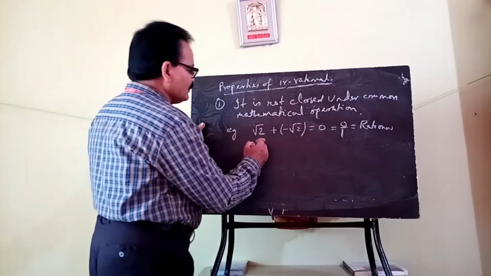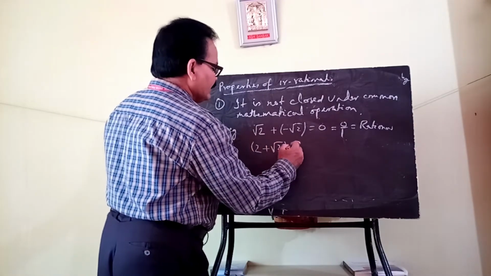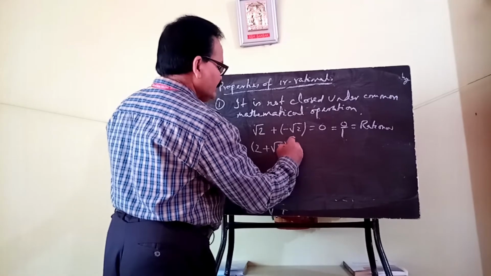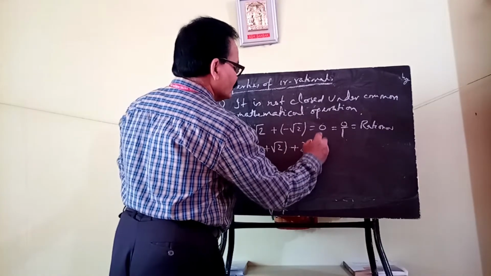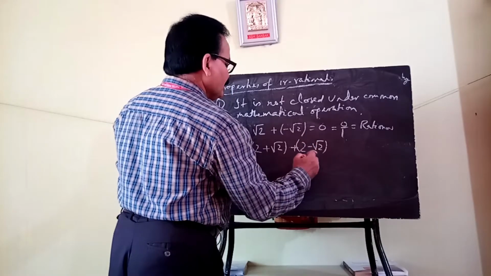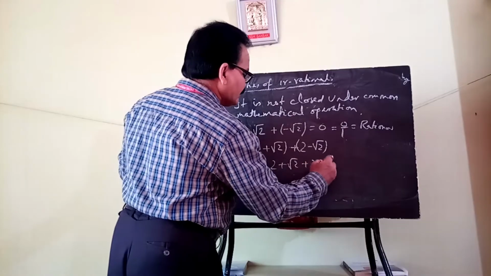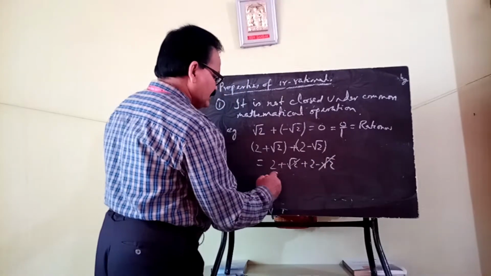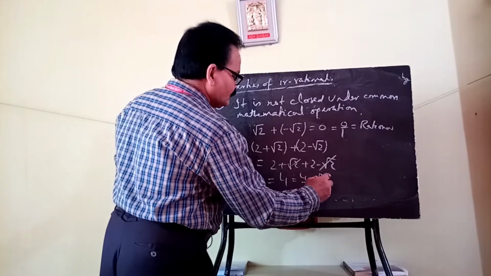See another example. Suppose 2 plus root 2 is added with 2 minus root 2. On addition, 2 plus root 2 plus 2 minus root 2, root 2 cancels, it will be 4, which is 4 by 1, the p by q form.